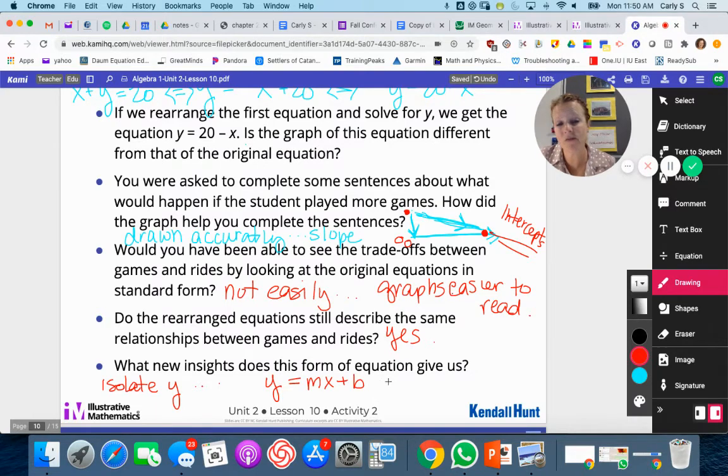It's called slope-intercept form because the slope is always the number in front of the x term, and the b is always the y-intercept. We'll say vertical intercept.